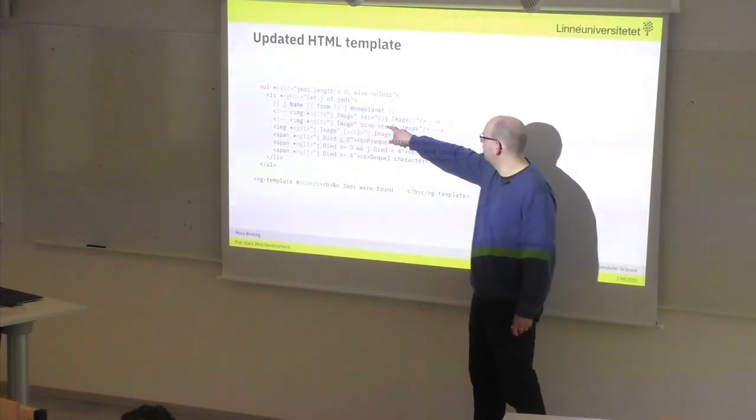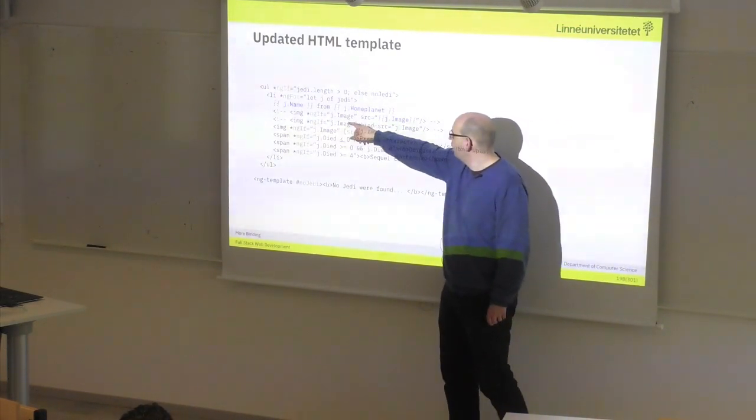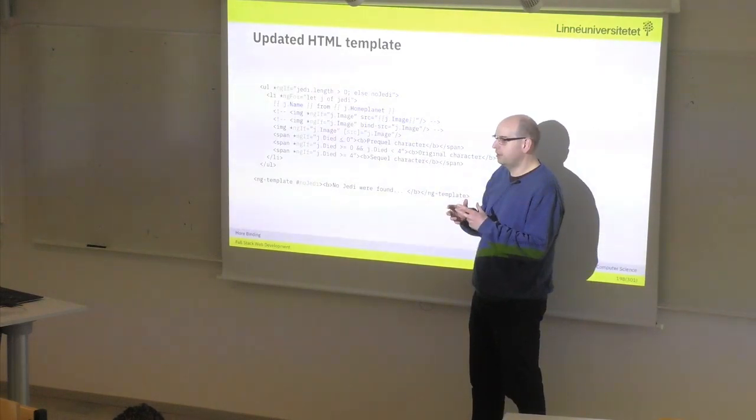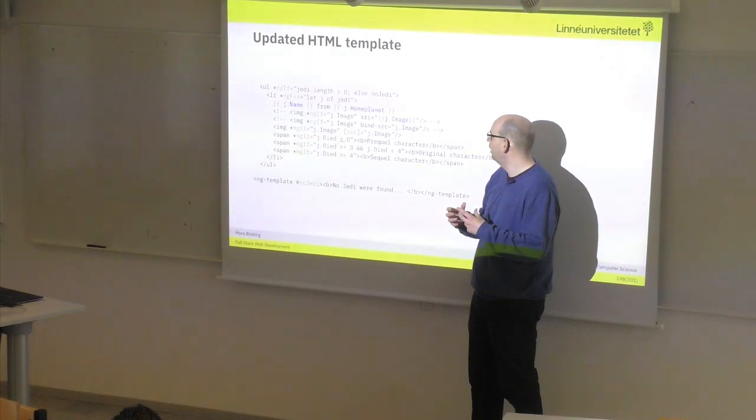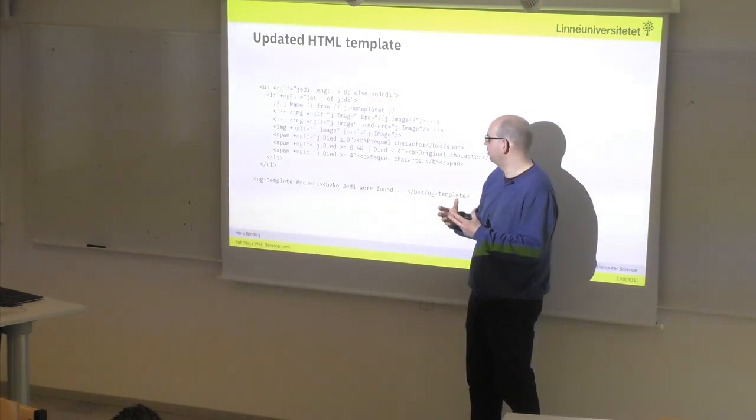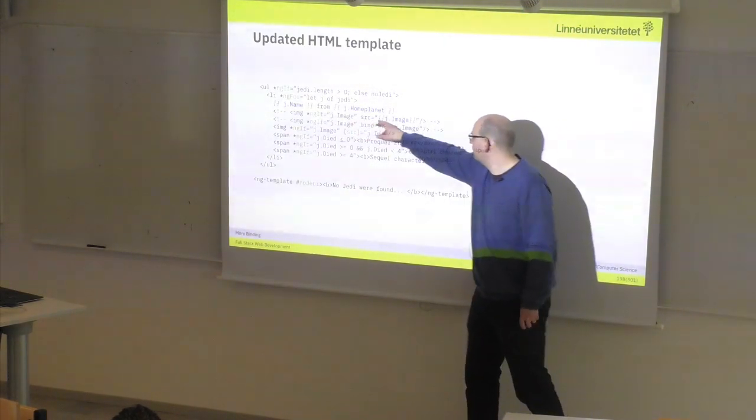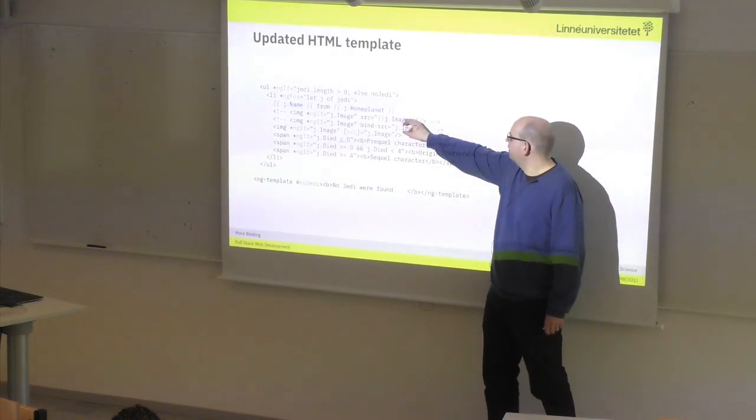The first one is with string interpolation. If we've downloaded and placed a number of images in, for example, an assets folder, it should potentially find them, and then we just add the image.